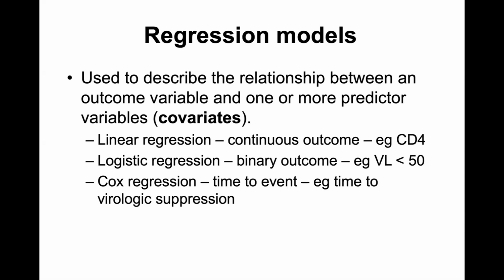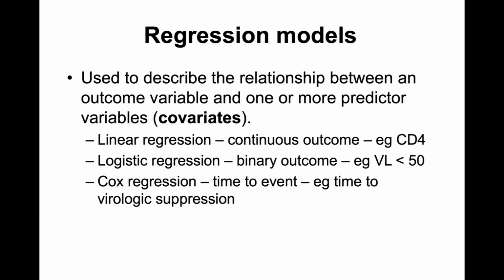And so the type of regression analysis you use also comes down to what type of variable your outcome is. If your variable is a continuous variable, you use something called linear regression. If your variable is a binary variable, you use logistic regression. If your variable is a time to event, like the ones we spoke about in the oncology trials, it's called Cox regression.